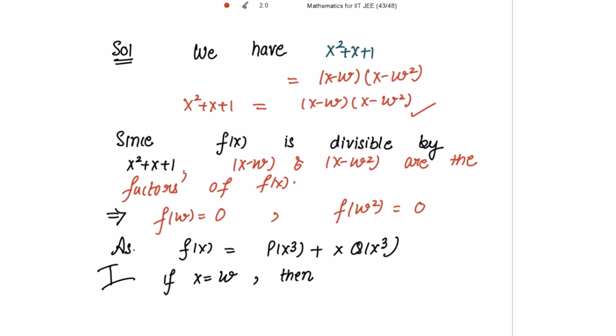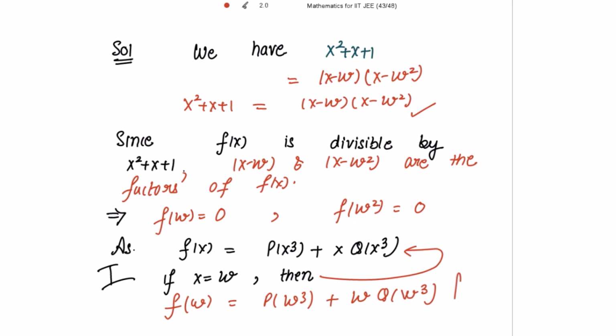Putting x equal to omega, we get f(omega) is equal to P(omega³) plus omega times Q(omega³). We know that omega cube is equal to 1, so we get P(1) plus omega Q(1). This is your f(omega).